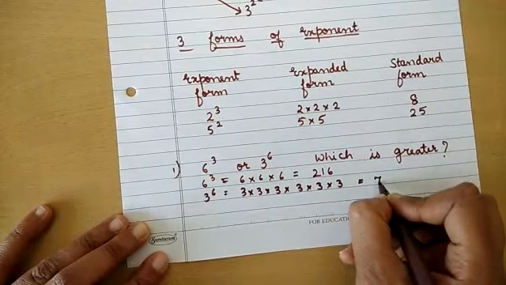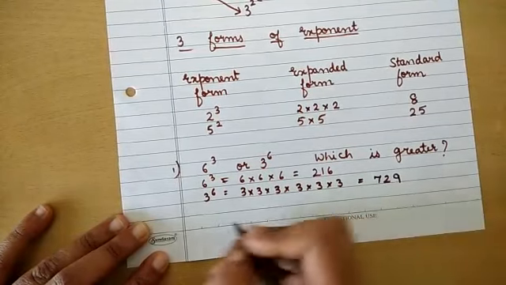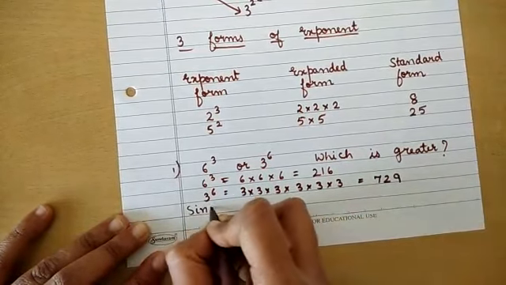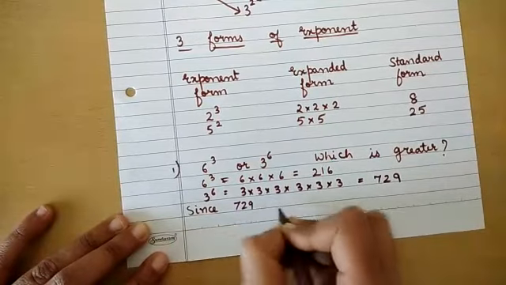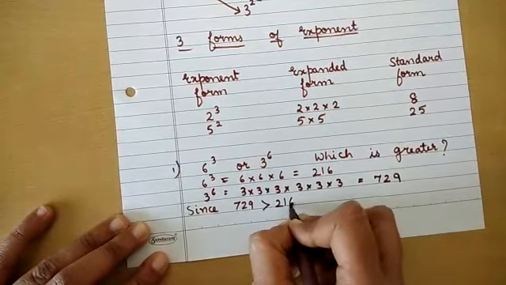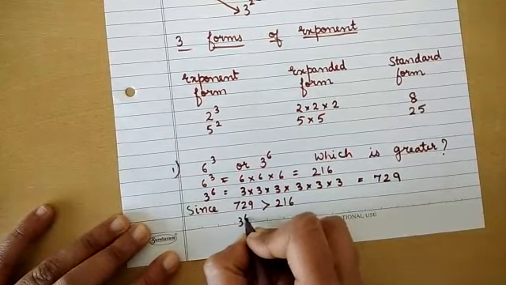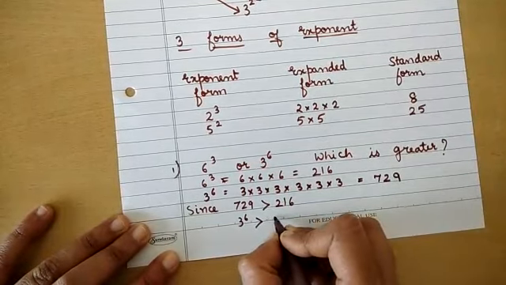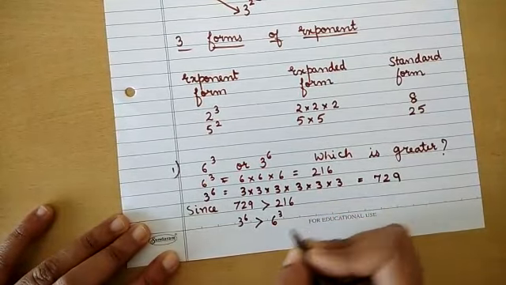The answer is 729. Since 729 is greater than 216, 3 raised to 6 becomes greater than 6 raised to 3.